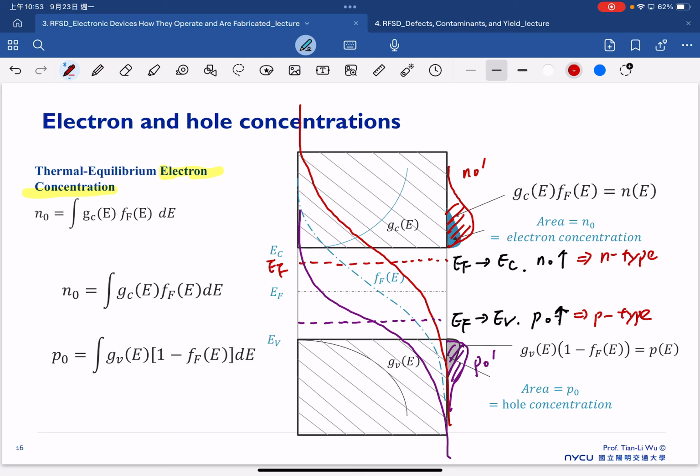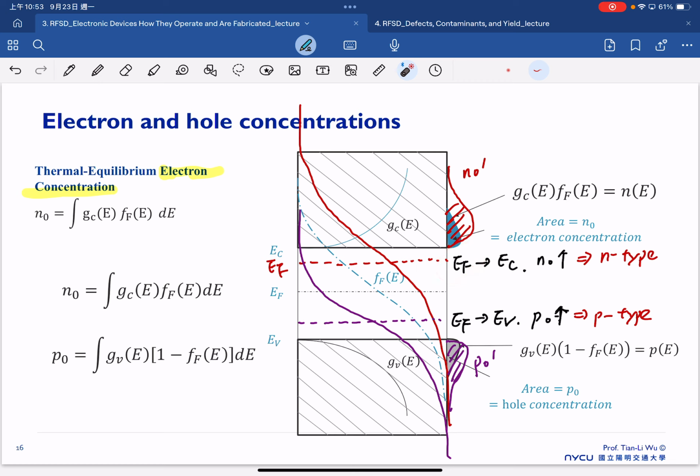semiconductor. So in the end, if we don't understand the density of states, we cannot remember the meaning of the density of states. We cannot remember the Fermi-Dirac probability distribution function. But you need to at least understand the meaning of the EF here.